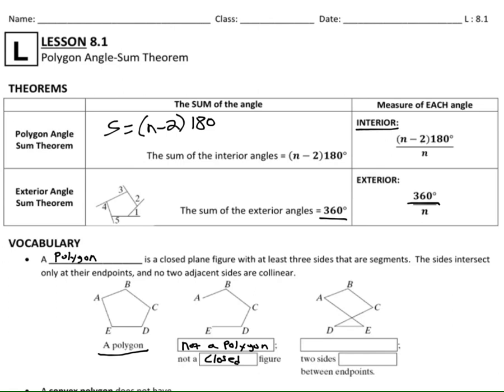And the last one is technically closed, but here we have 2 lines that are crossing each other. This makes it not a polygon, because 2 sides intersect between points. Since these 2 intersect, it's not going to be a polygon.